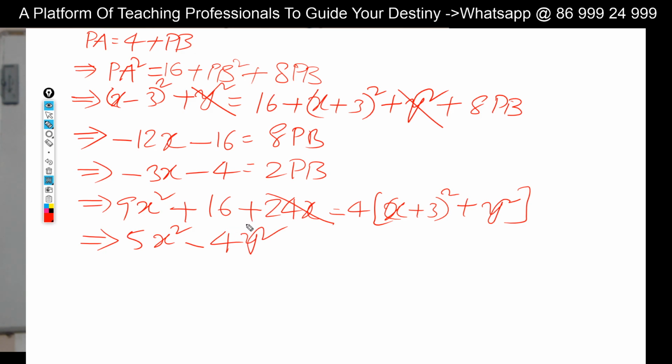So here, this becomes 9 into 4, 36 minus 16 is 20. This should be your answer. And you can still modify this as x square by 4 minus y square by 5 is equal to 1 should be your answer.